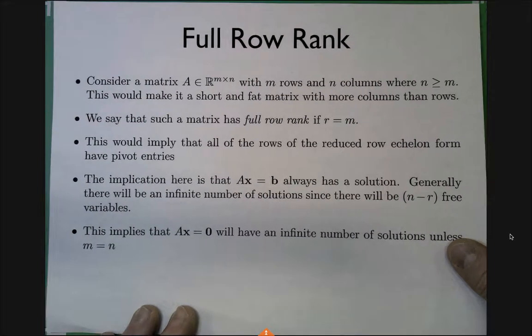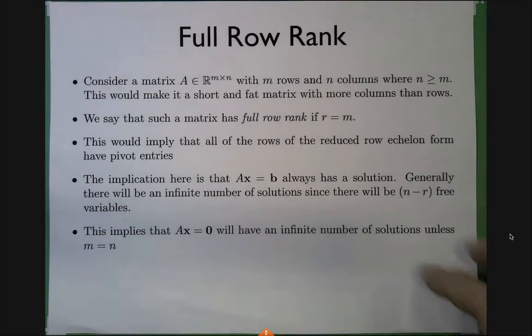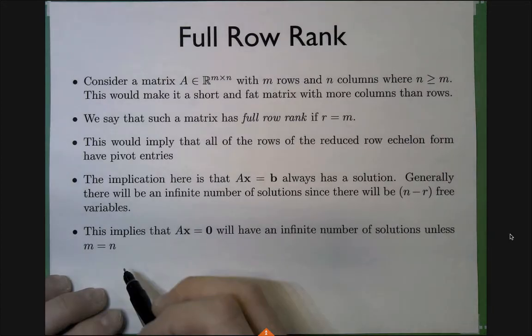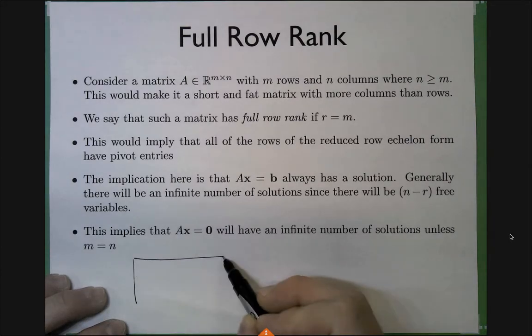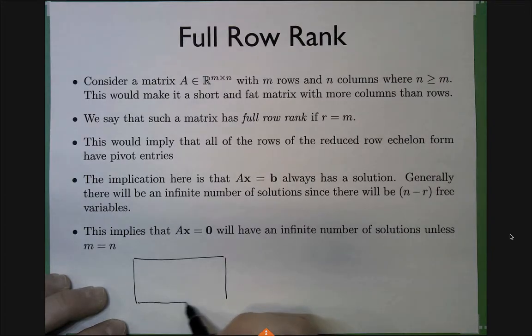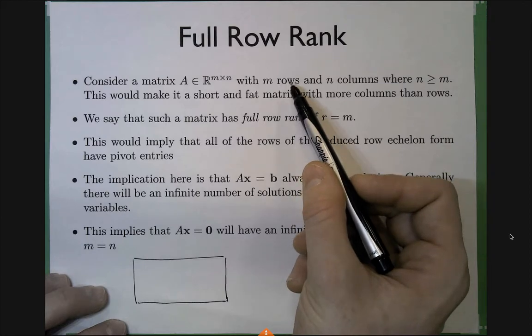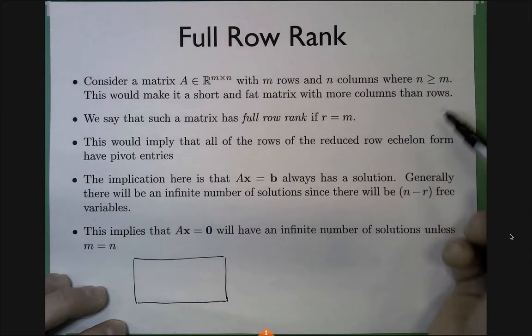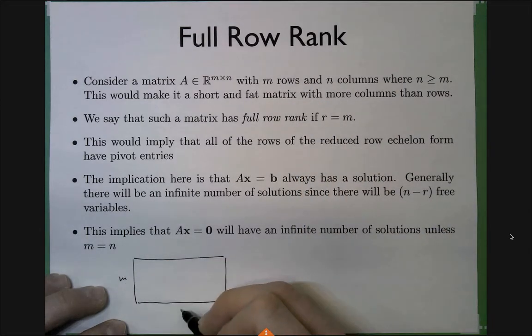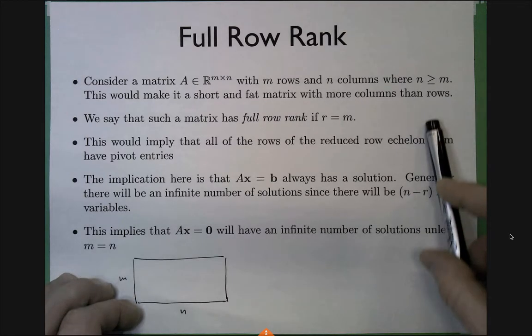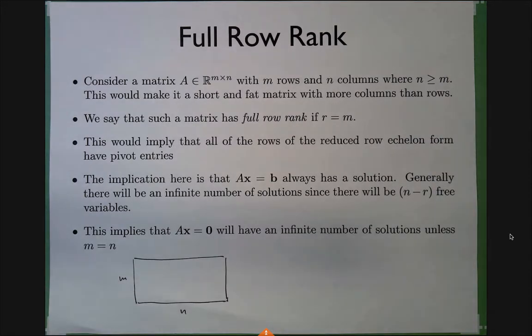So I guess the analogous case to this is full row rank. In this case, the situation will be a little bit different. Here we are looking at the short and fat matrix. If you don't like anthropomorphizing, then just say that it has more columns than rows, right? So this is m rows and n columns. So I'm looking at the case where I have more columns than rows.